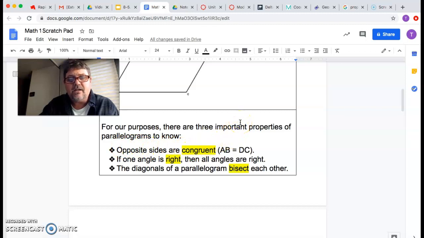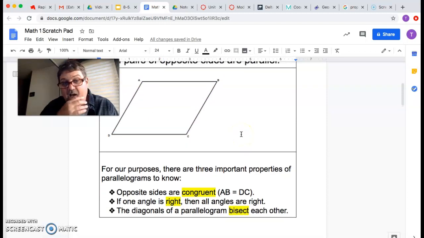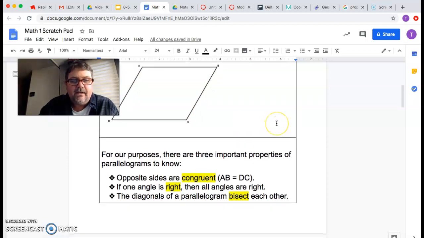Okay, that's talking about the length of these sides. The length of AB has got to be the same as the length of DC. They have to be the same length. If they're not, you can see these two lines wouldn't be parallel. It's pretty much, I don't want to say common sense, but it kind of is in that case.